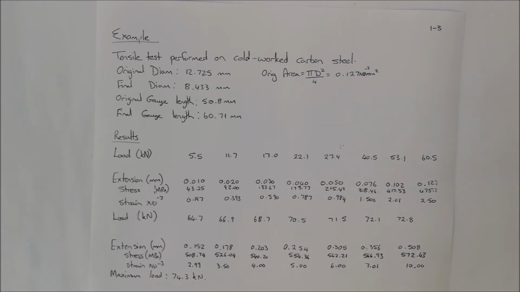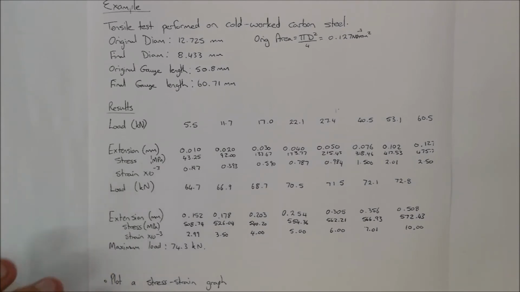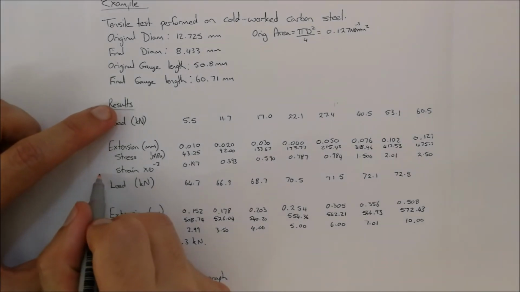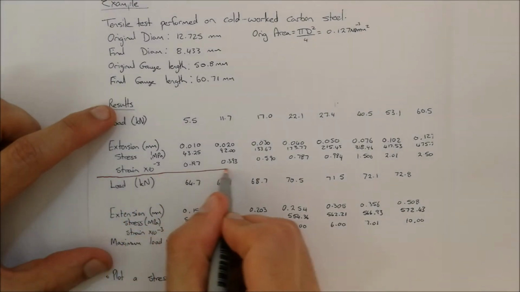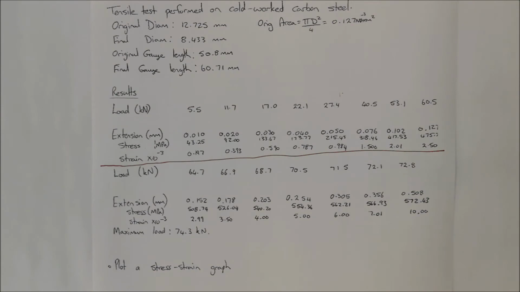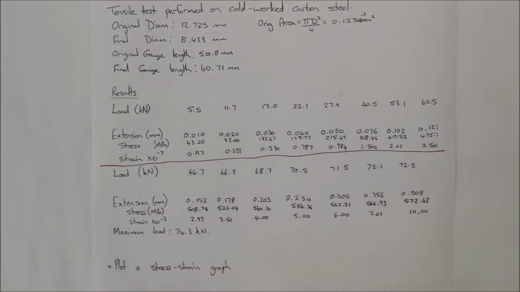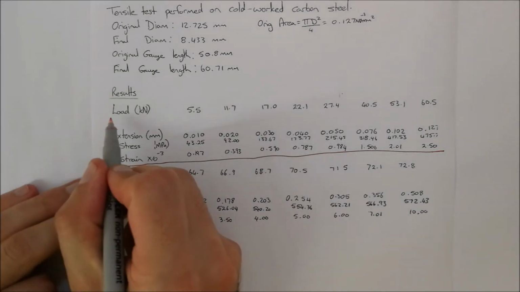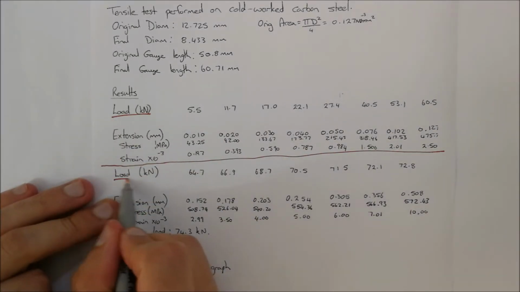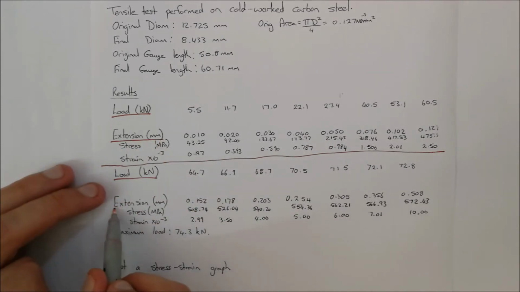As you do this, you get the results, and essentially there are two sets of results given over here, and I'm going to draw a line just to separate the two from each other. The first section continues on to the second section over here. We've got load over there, and then the extension in millimeters over there.